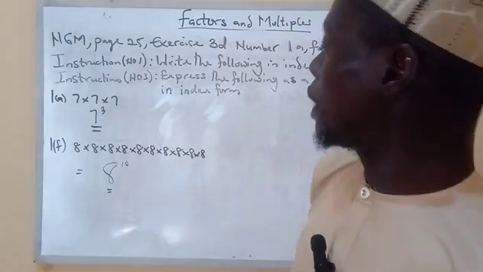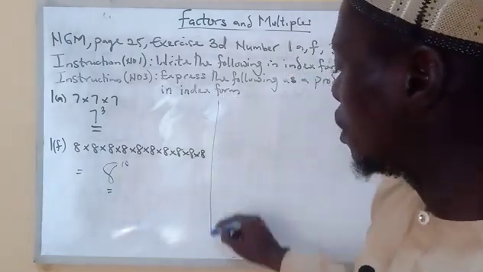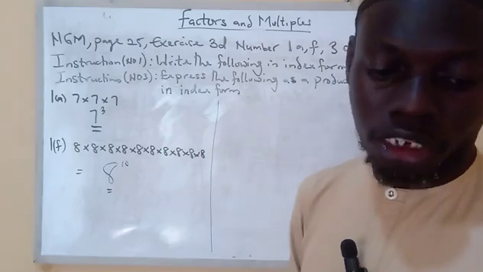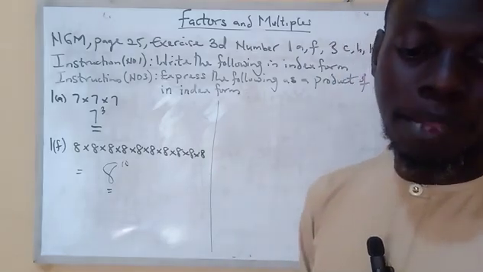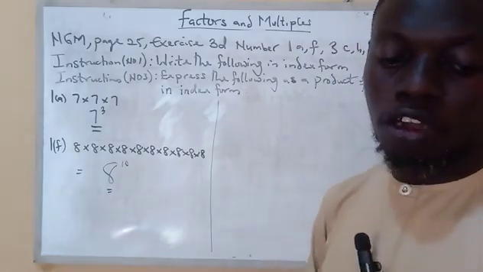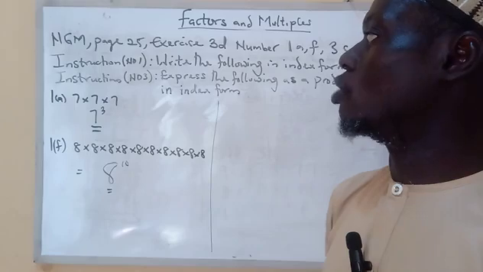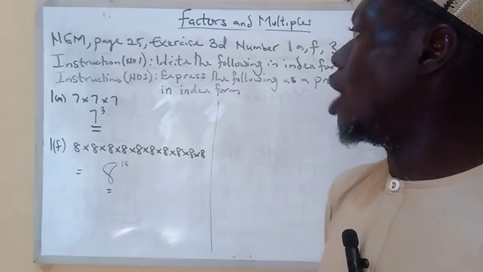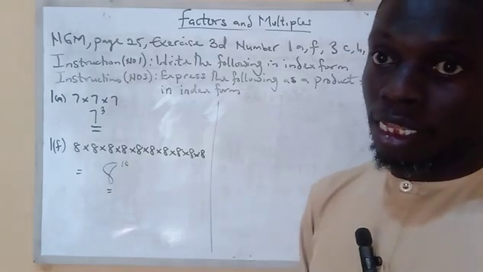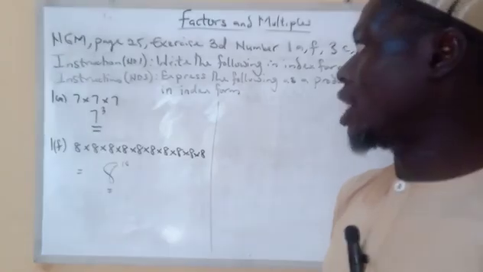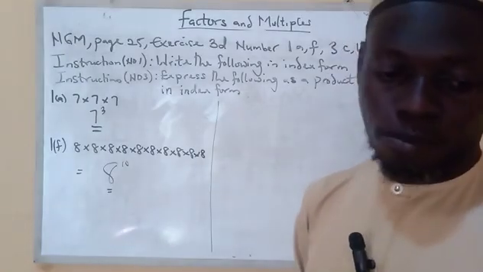So the number 3 is also there. It has a different instruction, and it says express the following as a product of primes in index form. It's just similar to the exercise we did in the previous lesson, specifically exercise 3C.